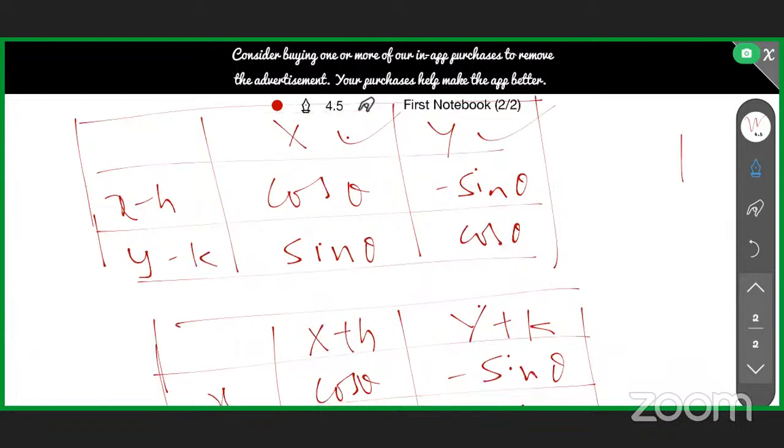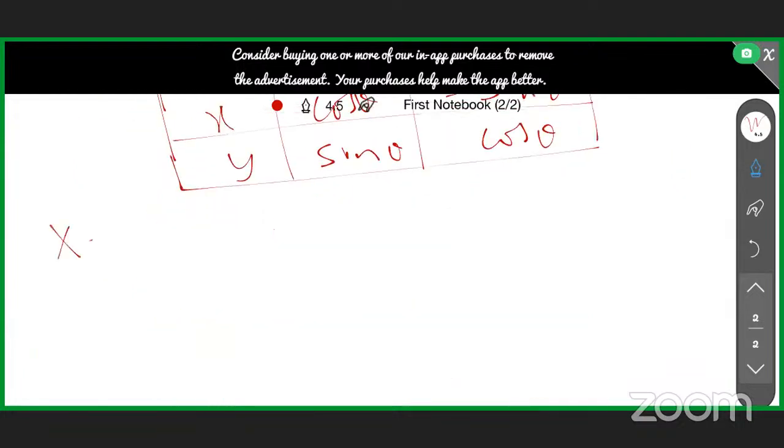Therefore, capital X is equal to (x minus h) into cos theta plus (y minus k) into sin theta.